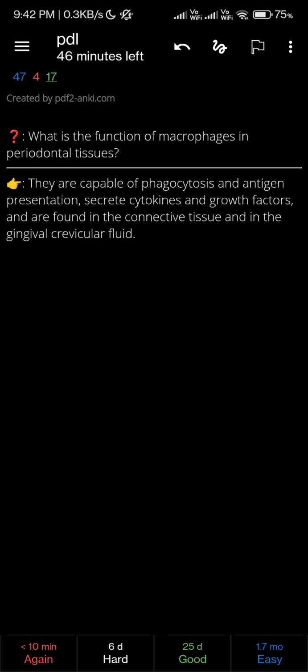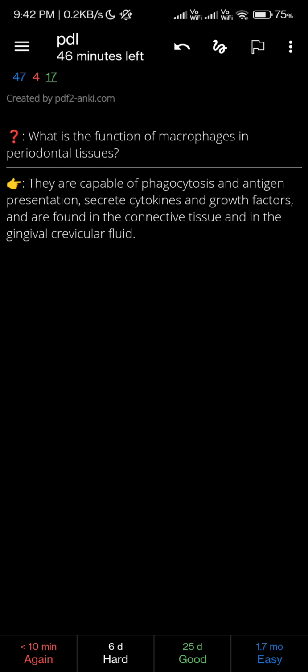They are capable of phagocytosis and antigen presentation. They secrete cytokines and growth factors, and are found in the connective tissue and gingival crevicular fluid.